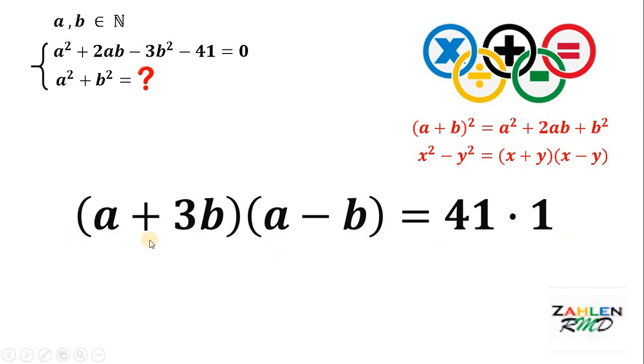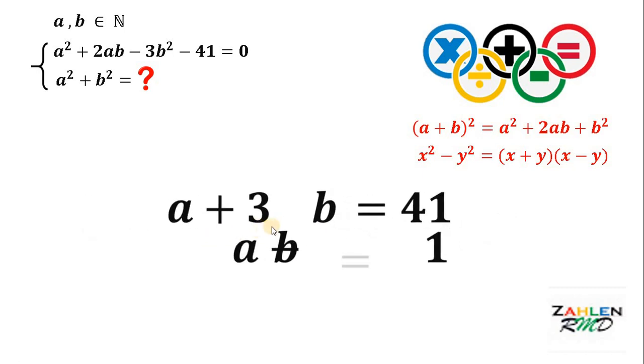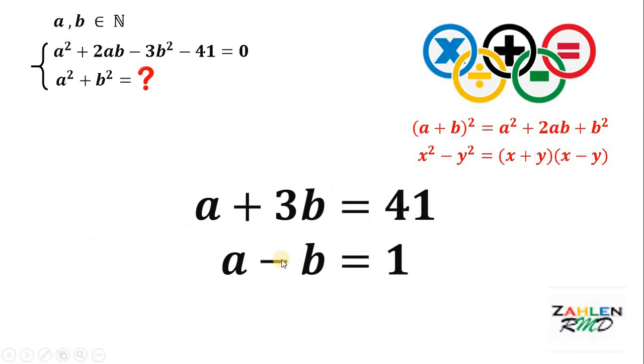Take note that a plus 3b must be greater than a minus b. Therefore, it is safe to say that a plus 3b must be equal to 41 and a minus b must be equal to 1.